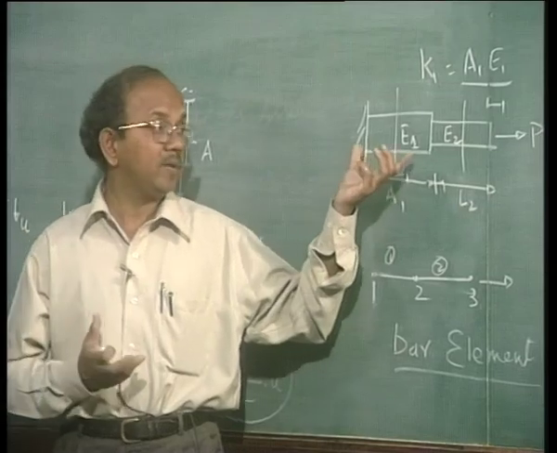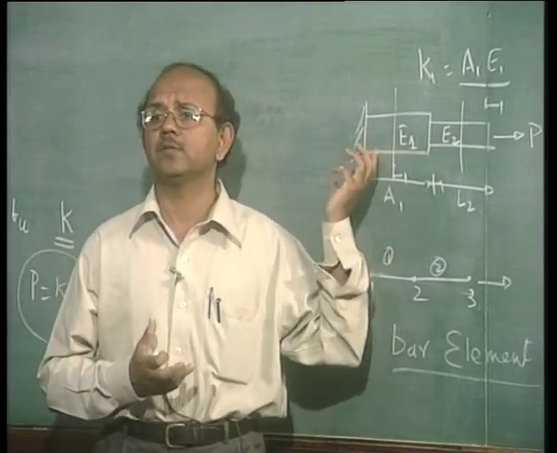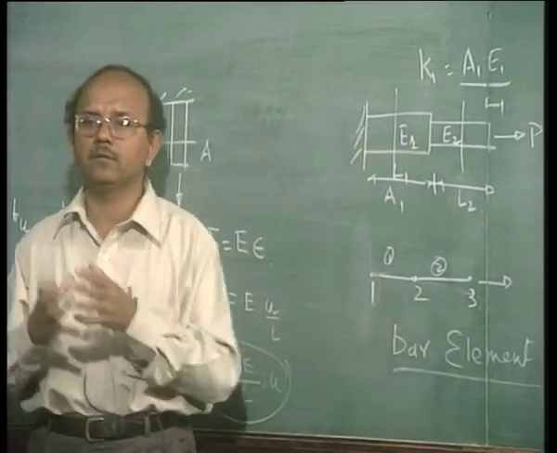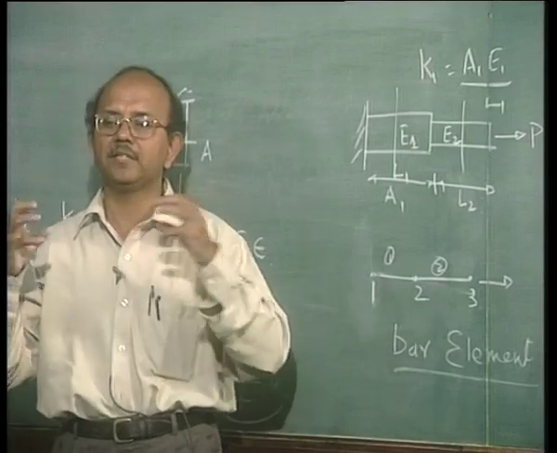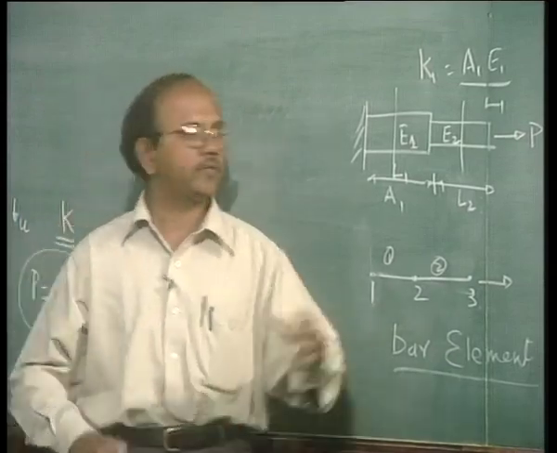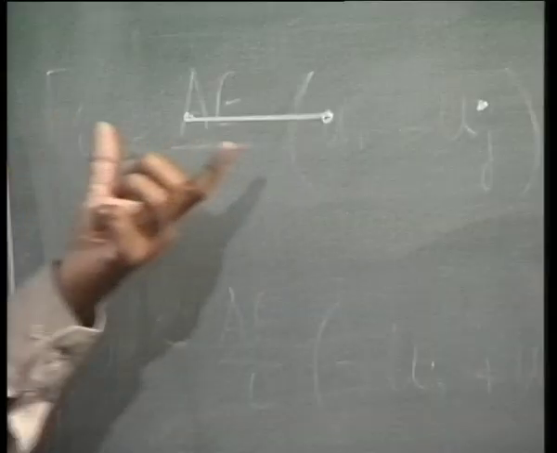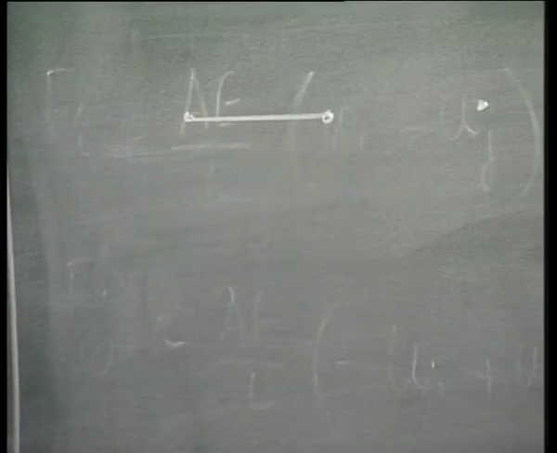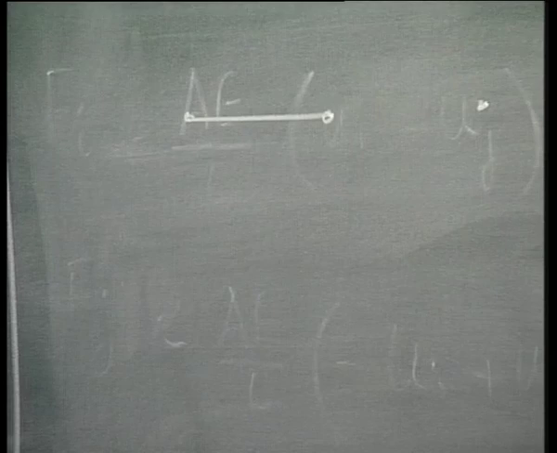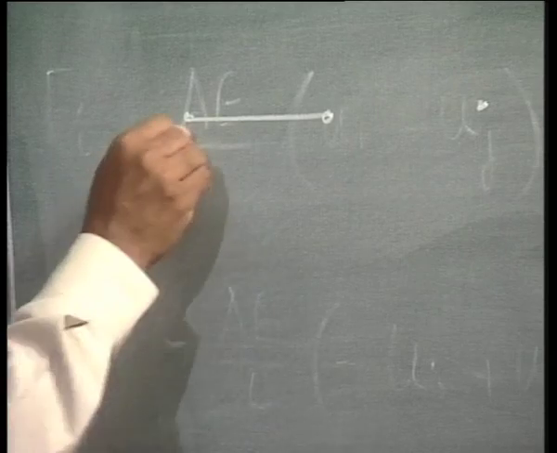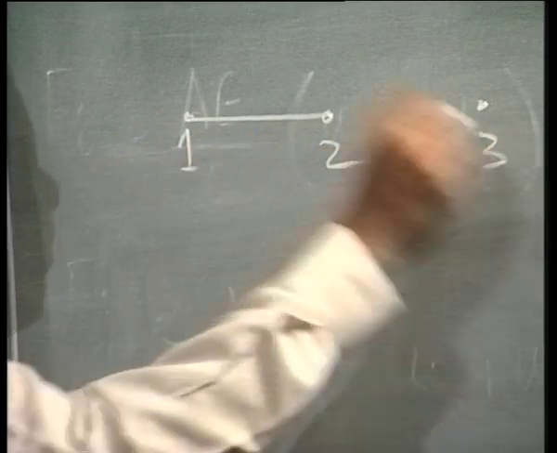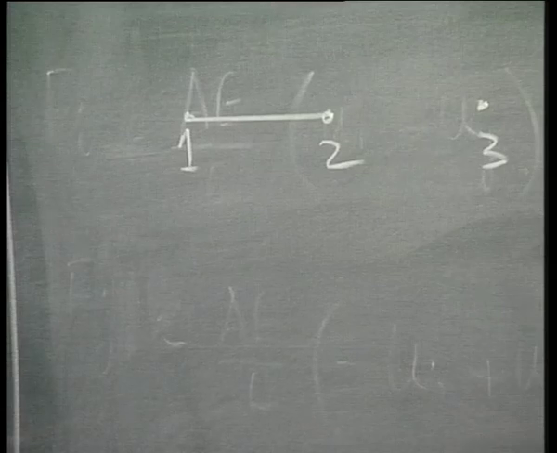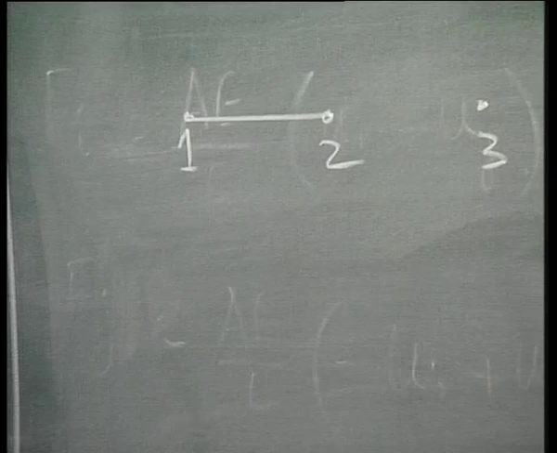In fact, it may well turn out to be a welding process because E1 and E2 are different. We may imagine that they are welded together. So first I take this piece, the first element, put it there and identify these nodes there.